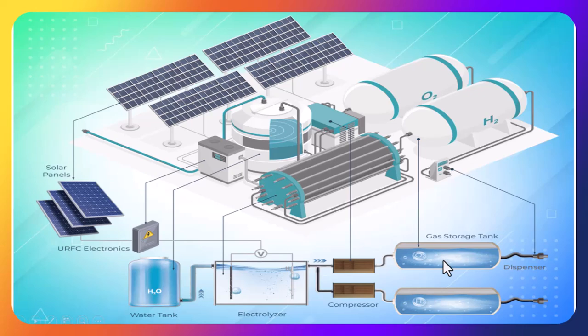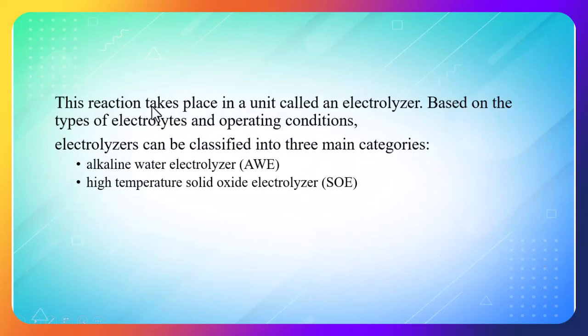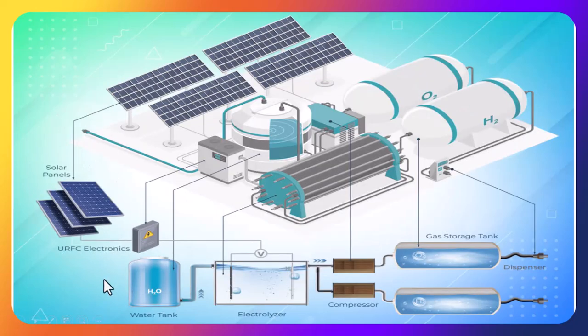So whenever you want, you can take it. This reaction takes place in a unit called the electrolyzer. Based on the type of electrolyzer and the operating condition, we can further classify the types of electrolyzer. That is what this portion alone is. The remaining is nothing but storing it and getting the power.